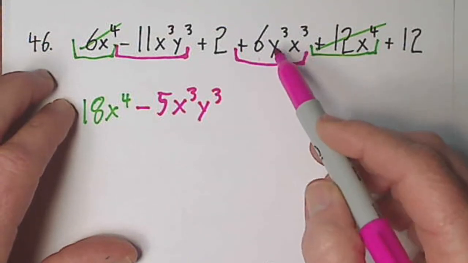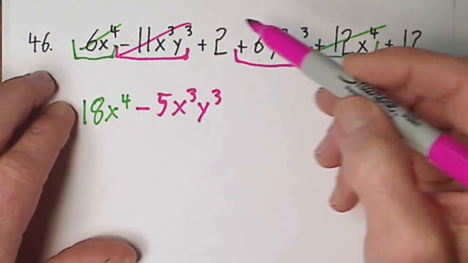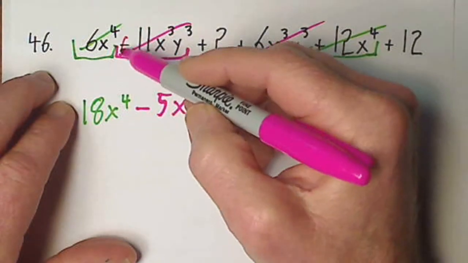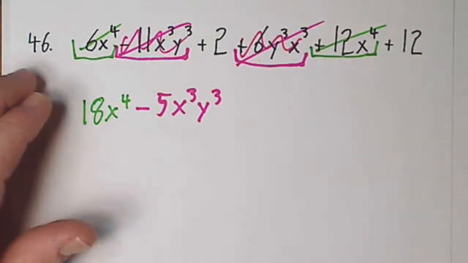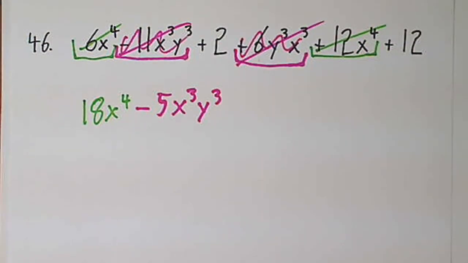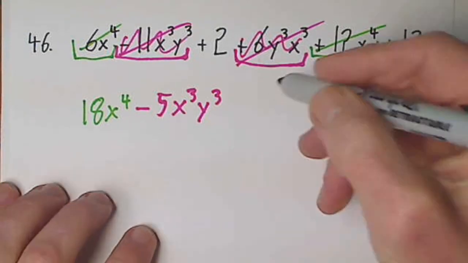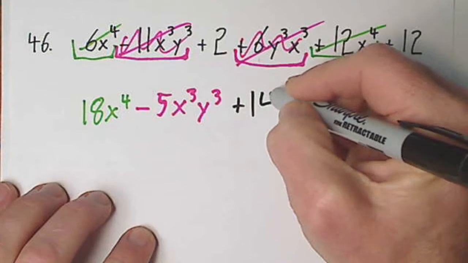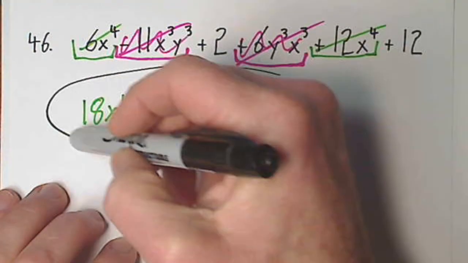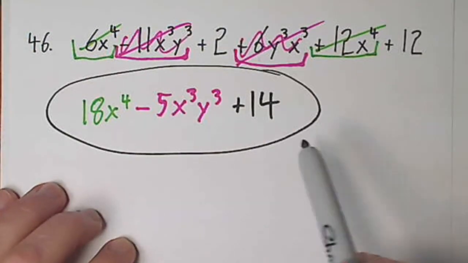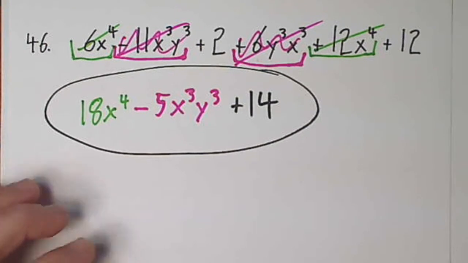Okay, you could have written a y first, it wouldn't matter. So I've used that one up, I've used that one up, and the only thing left to worry about are 2 and 12. When you combine those, you get a positive 14. So we simplified the polynomial. There's nothing else you can do here, by the way.